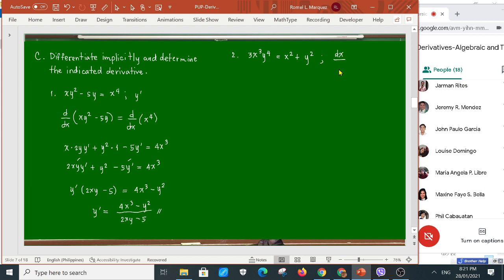Take note of this: the dependent this time is x, and the independent is y. So everything you differentiate relative to x, multiply by its derivative, because the dependent now is x.